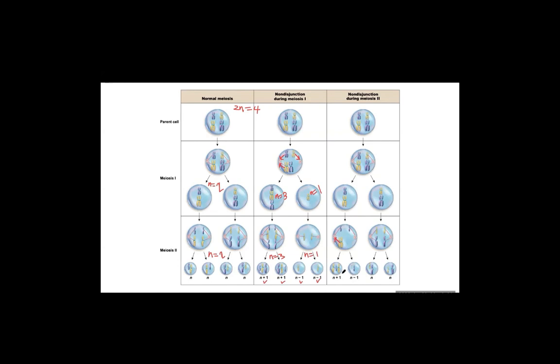Therefore, after the entire meiosis division, this daughter cell will have 3 chromosomes. This one has 1, and the other has 2, both. So if this cell participates in fertilization, then in the next generation there will be no problem. But if this gamete or this gamete is going to fuse with another gamete from the partner, then the chromosome number of the zygote will be changed.